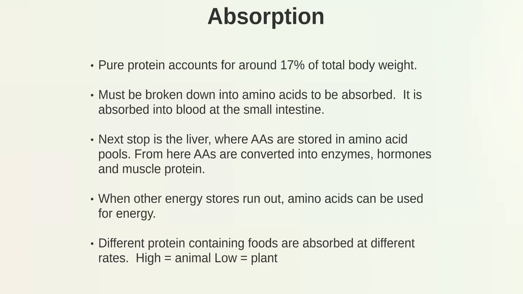And there they are ready to be distributed to the body and converted into different things that we need at different times, including the enzymes, the hormones, and of course the muscle protein that we need to maintain our current structures. When other energy stores run out, and we're particularly talking about carbohydrate here, amino acids can be utilized for energy.